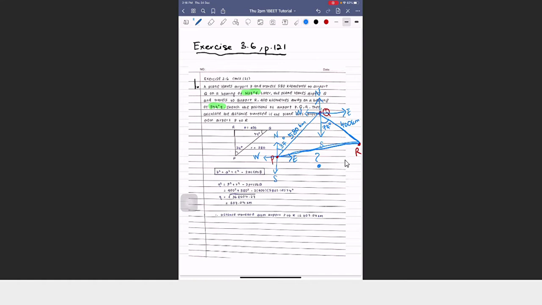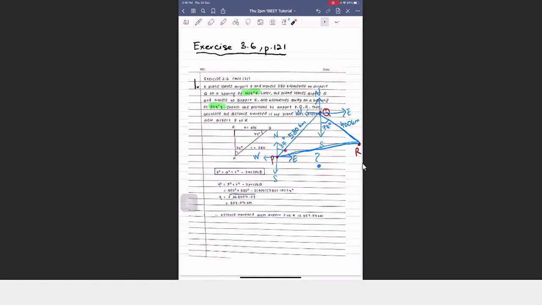And from the diagram, because we know that this is 34, so that is our 34, we can actually find our angle, isn't it? We can find our angle here. We can also find our angle here if we want.